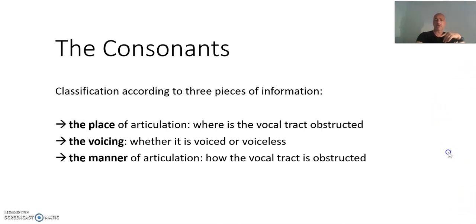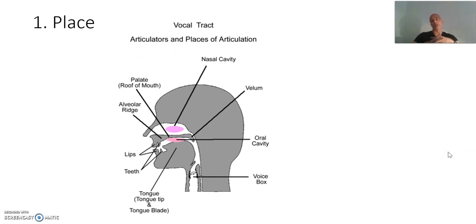And here we go, the place, which means where in your mouth. If you look at that, this is more or less the interior of your vocal tract, what you see here. The different organs or the different places you need for articulating a sound. Of course, the most important organ is the tongue, but also the lips, all right?